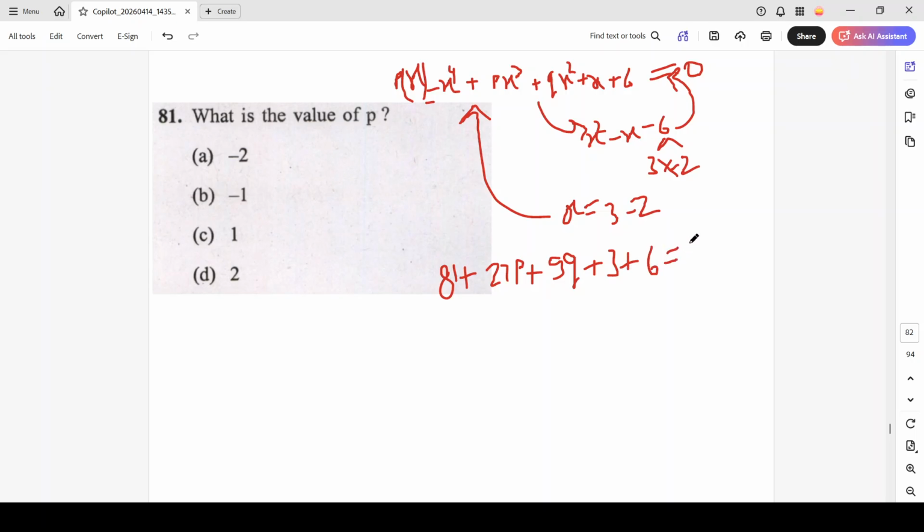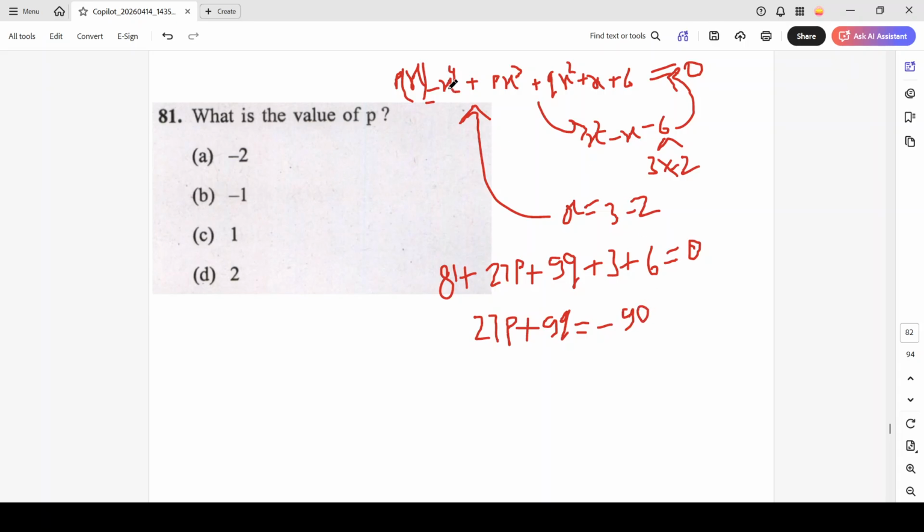So what will it become? 27p plus 9q is equal to minus 90.